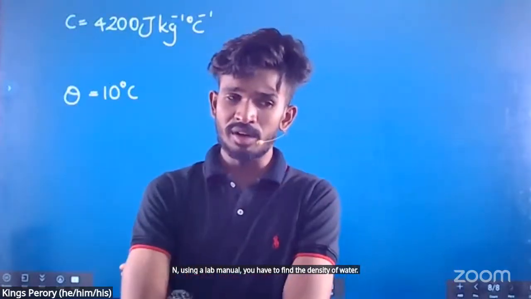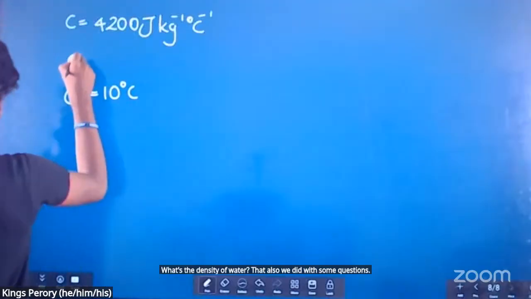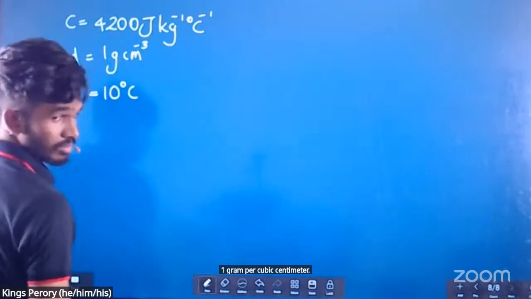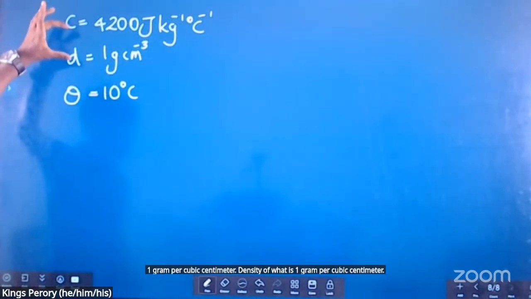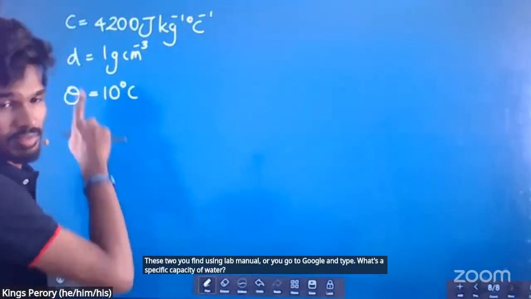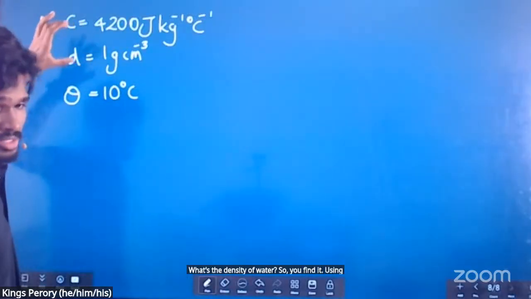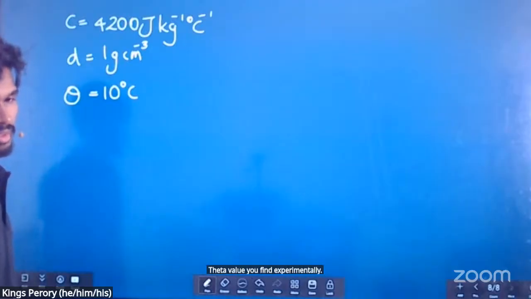What's the density of water? That also we did with some questions. 1 gram per cubic centimeter. These two you find using a lab manual, or you go to Google and type what's the specific heat capacity of water, what's the density of water. So you find it using some other source. Theta value you find experimentally.